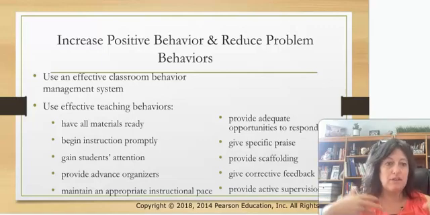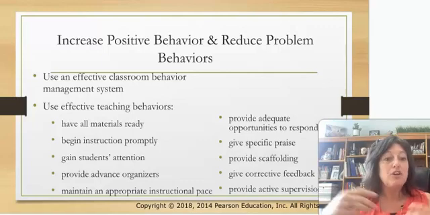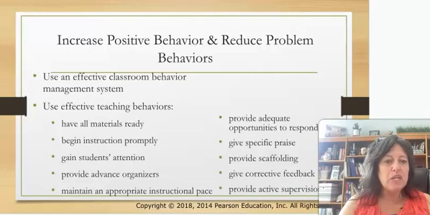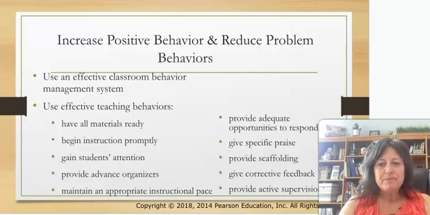You have all your things ready. You're beginning instruction promptly. You know how to get your students' attention, and you're providing different types of organizers for them, giving students opportunities to respond, specific praise for students, scaffolding to help assist them, and corrective feedback when they need that extra help.